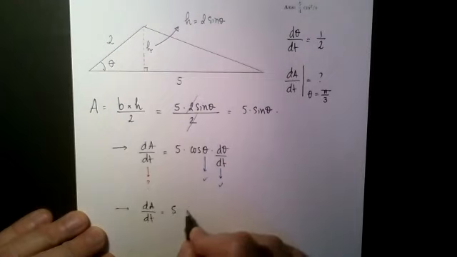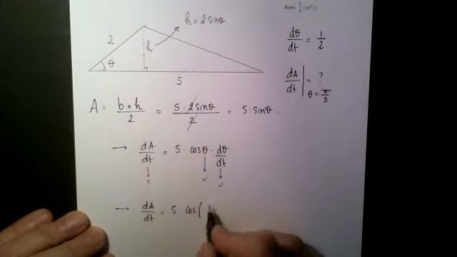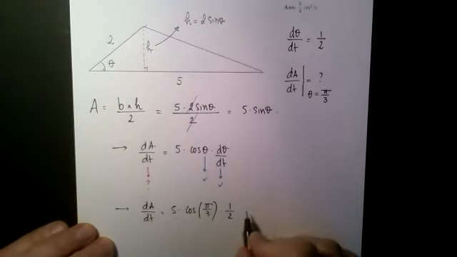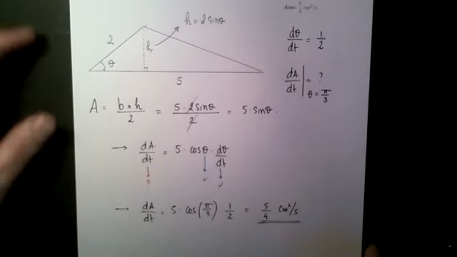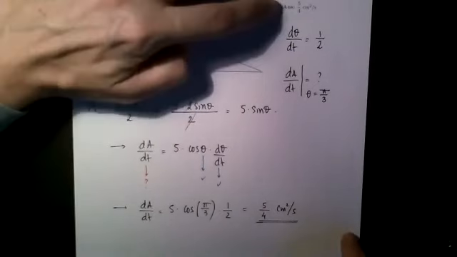It's 5 times the cosine of theta, which is pi/3, times 1/2. Okay, cos of 60 degrees is 1/2. And so the answer will be 5/4 centimeters squared per second. That's my answer. And you see the answer is right here, the same.